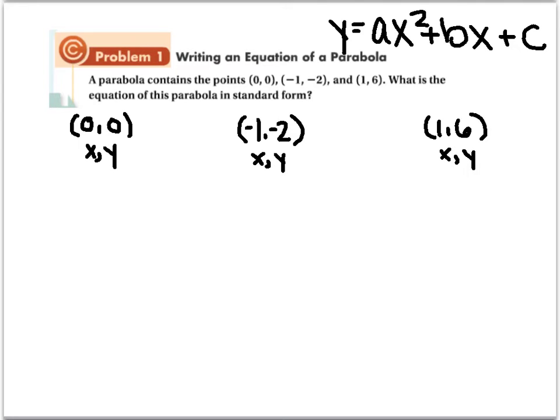So for the first equation, y equals ax squared plus bx plus c. My y is 0. y equals ax squared, well my x is 0 as well, ax squared plus bx plus c.